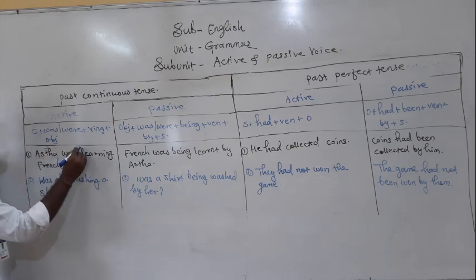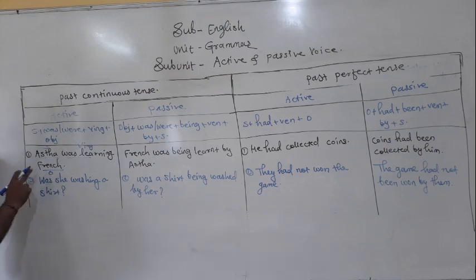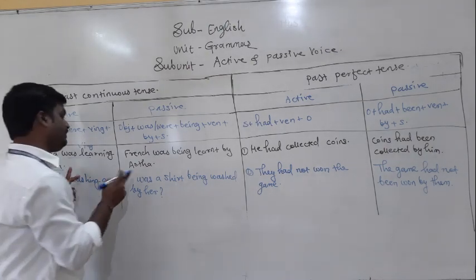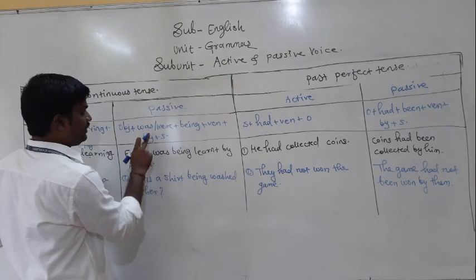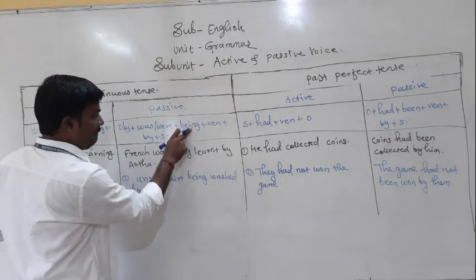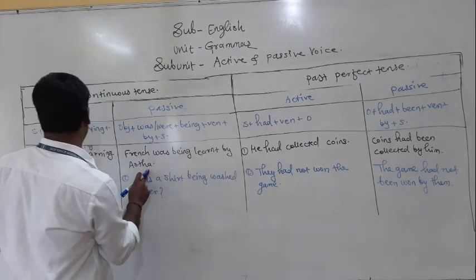Asta. Was learning is the verb, being form of the verb is here, and what was she learning? The object, that is French. So the object becomes the subject. French was being learned, third form of the verb, learned by Asta.